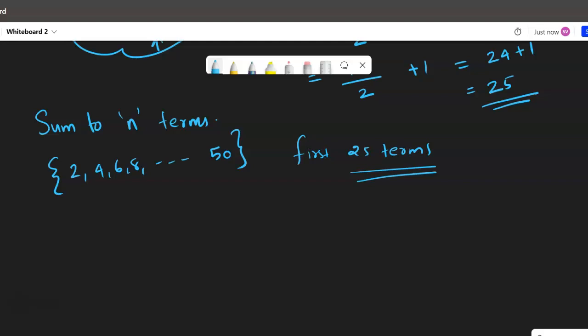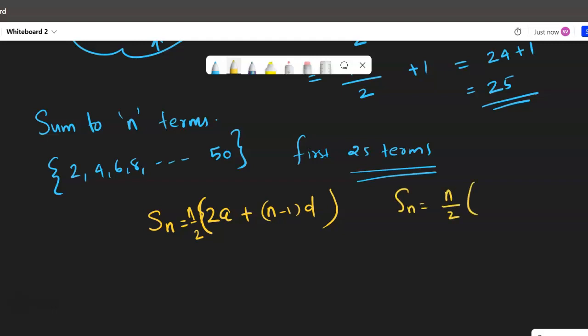So Sn is equal to the formula I am explaining here. You can use Sn is equal to n by 2 into (2a plus (n minus 1) into d). Don't forget to put the n by 2 outside. Or if you know the last term of the sequence, you can use another equation: Sn is equal to n by 2 into (t1 plus tn).